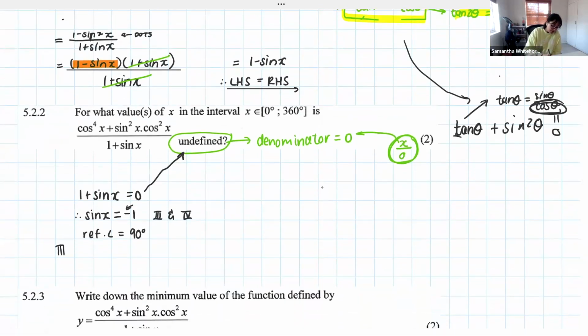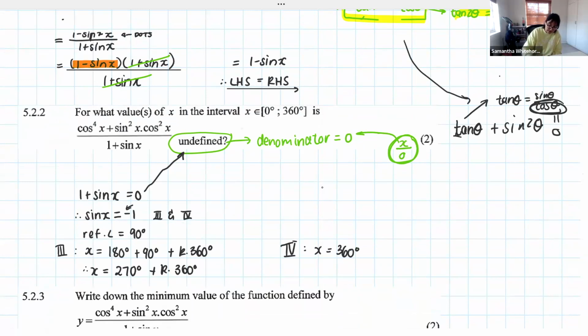So in quadrant 3, remember you apply your reduction. So x is equal to 180 plus 90 plus k times 360. And so x is equal to 270 degrees plus k times 360. In quadrant 4, you have x is equal to 360 minus 90 plus k times 360, where k is an integer.